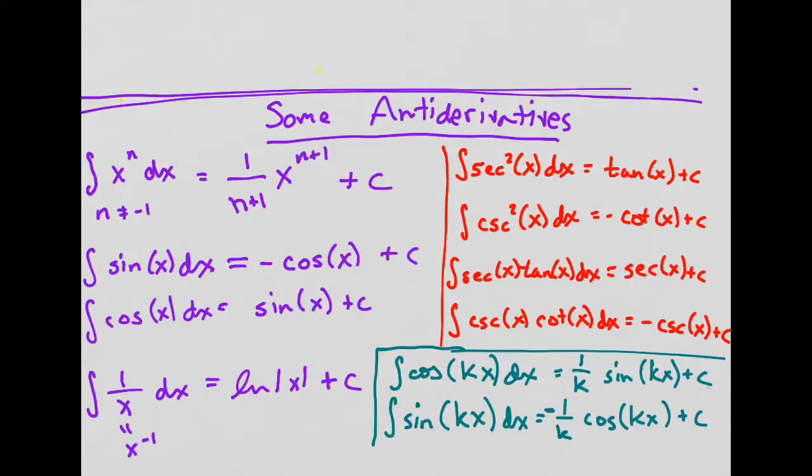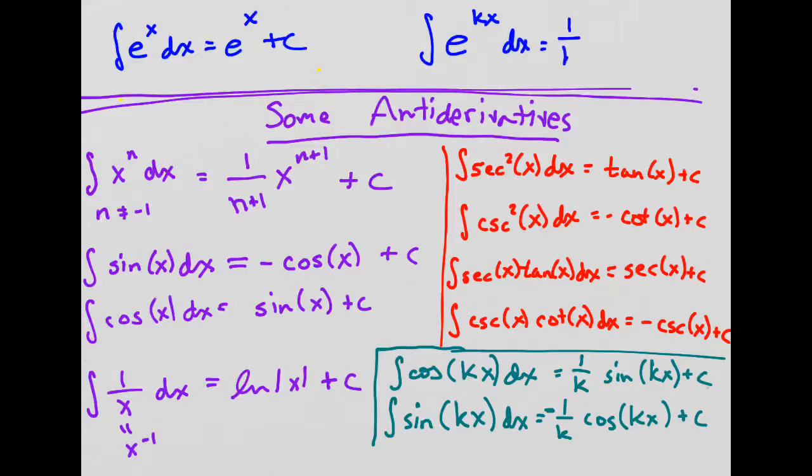All right, and then the last two antiderivative formulas I want you to have: if you look at the top of the screen, the indefinite integral of e to the x dx is e to the x plus c. And then, continuing the pattern of what's going on down here, the antiderivative of e to the kx dx is going to be 1 over k e to the kx plus c.